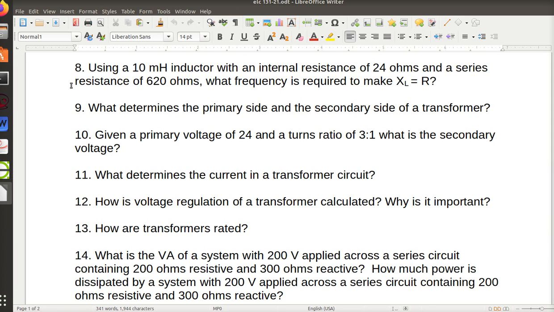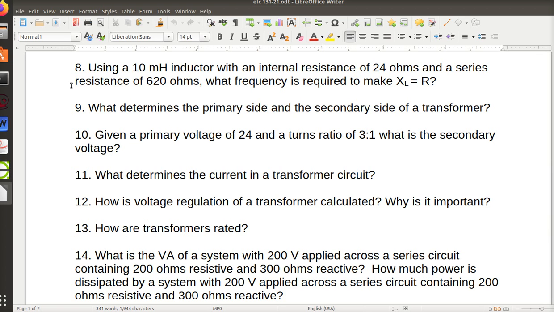So the primary side is where you connect the source to. On an actual transformer with high and low voltage windings, the primary can either go to the low or the high, and what makes something the primary is where the power source is fed into the transformer.